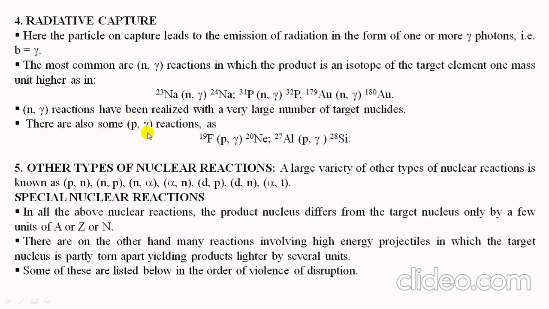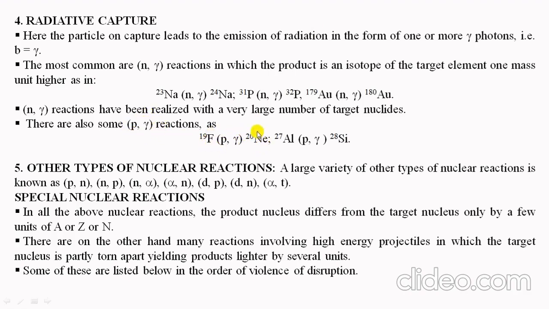There are also some p gamma reactions, as fluorine 19 when struck with a proton, the ejectile is again the gamma radiation and the product nucleus here is neon 20, which is one mass unit higher, but it is not an isotope of the target. These are the different p gamma reactions.